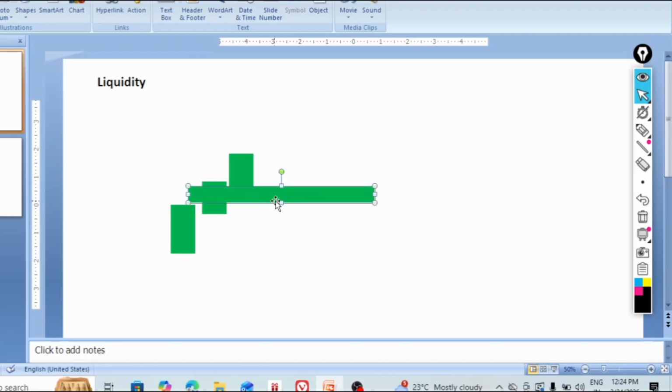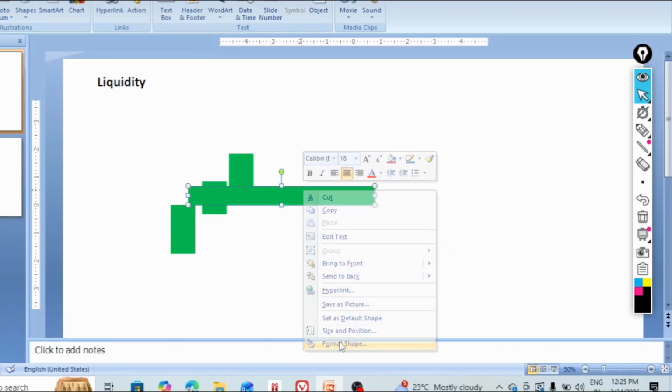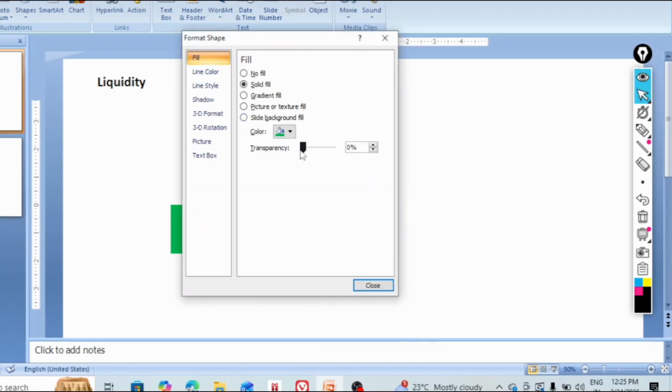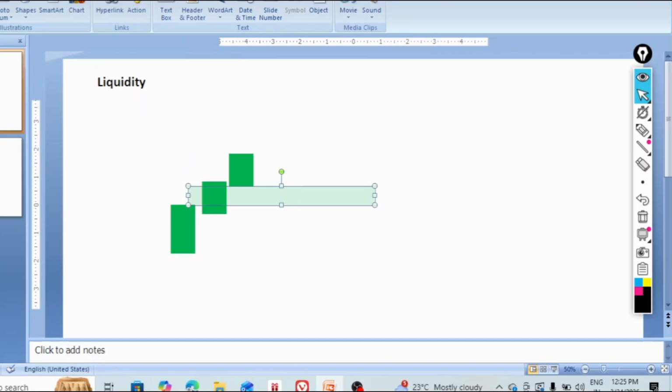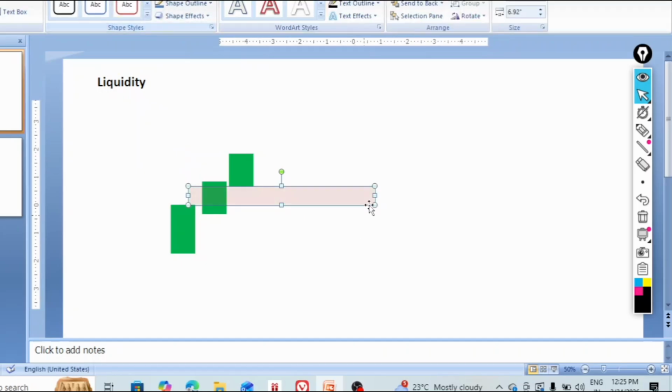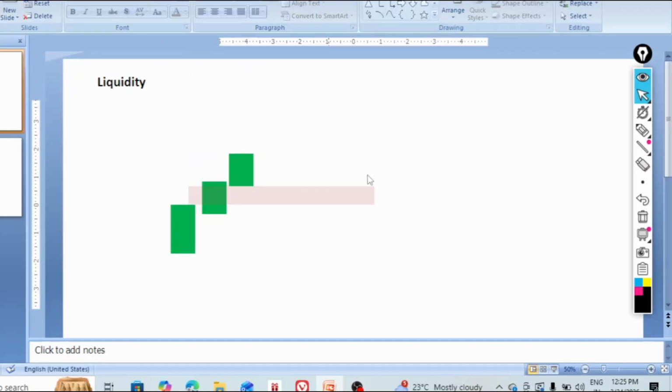Let me put it into transparency. So this is the gap here.